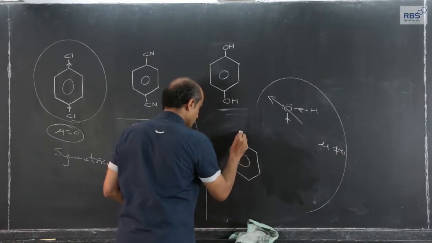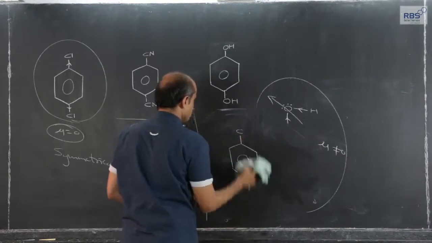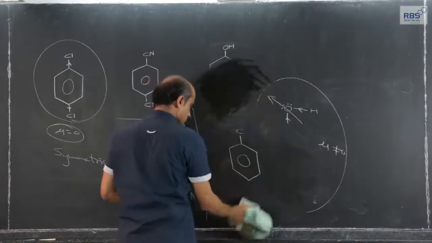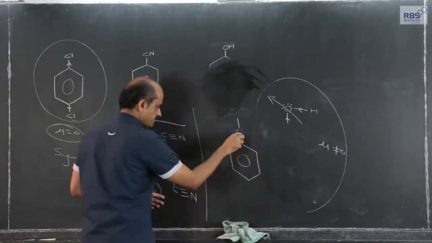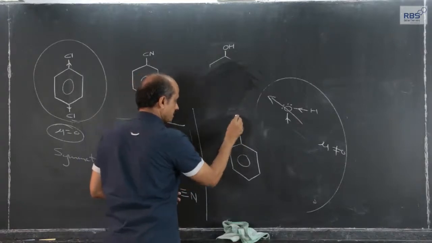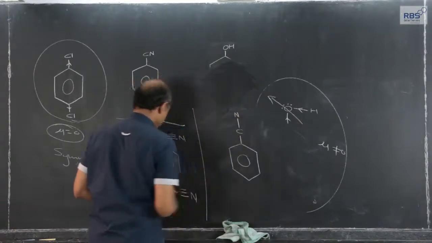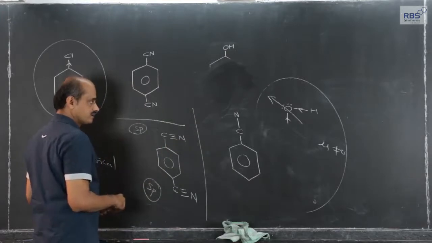sp hybridized carbon, sp2, sp nitrogen, even nitrogen, since it has formed a triple bond, is sp hybridized.